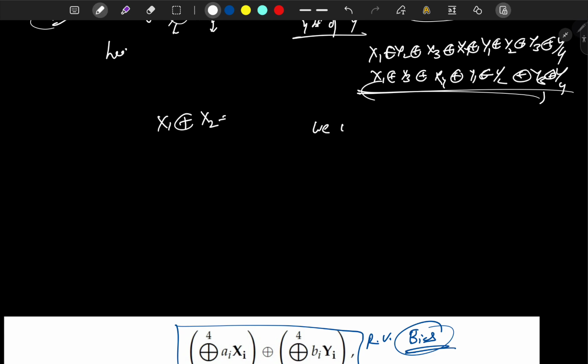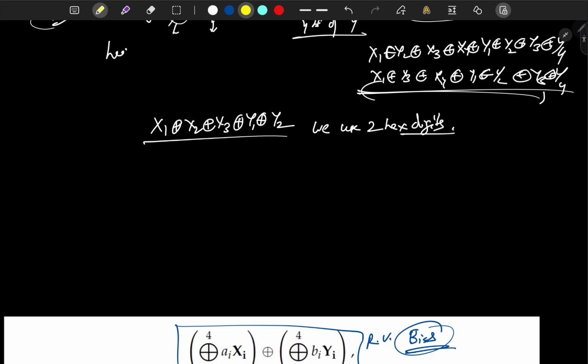We will use 2 hex digits, like this it is written. Now you have to see that A corresponds to capital X and B corresponds to capital Y.